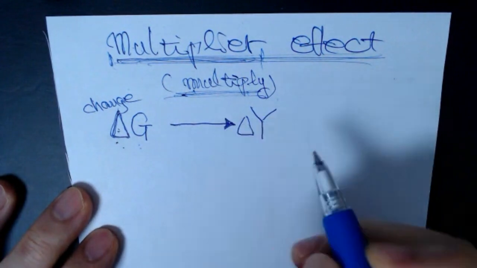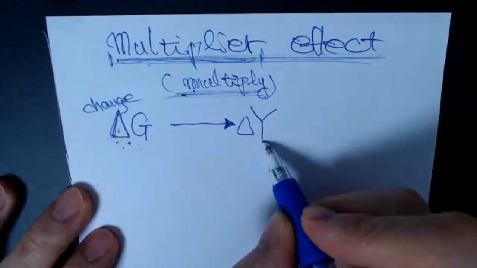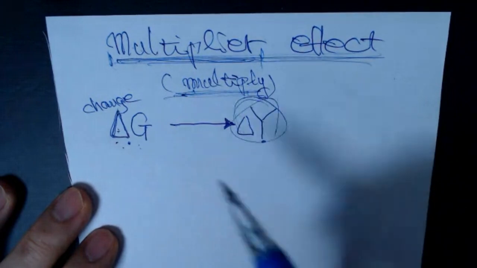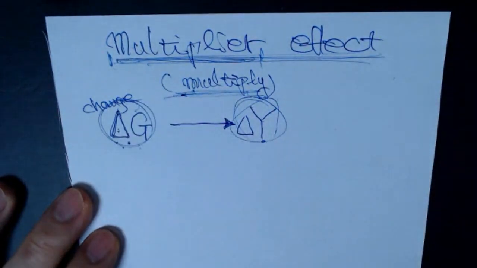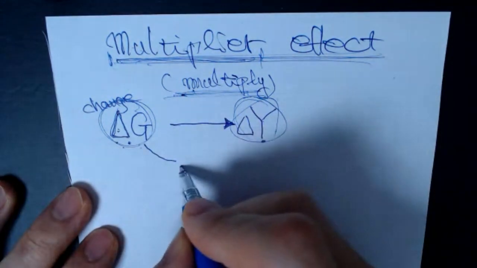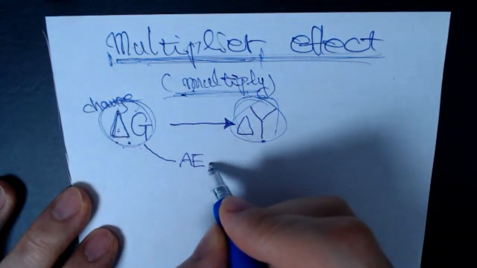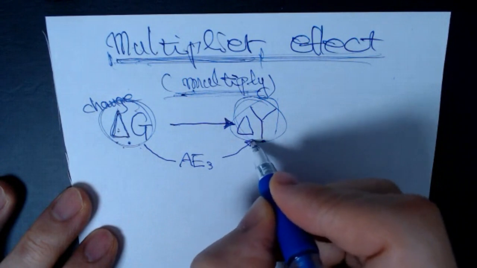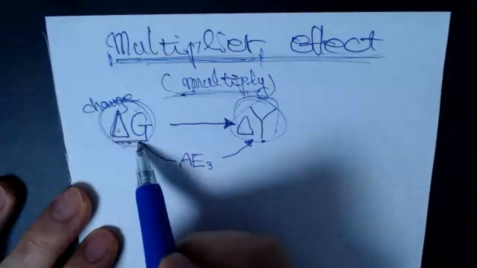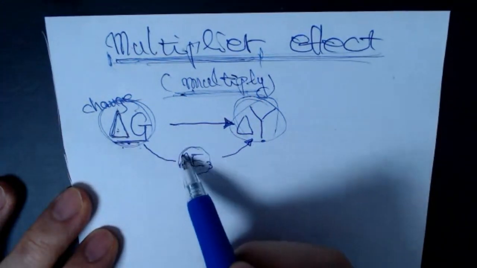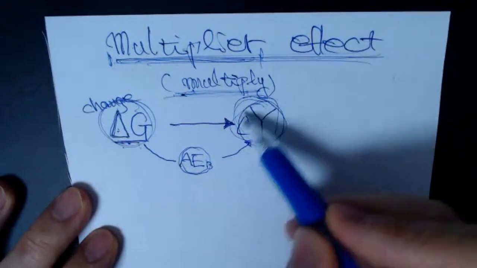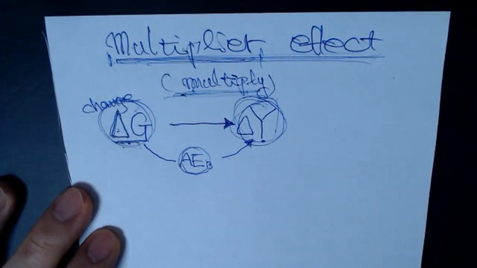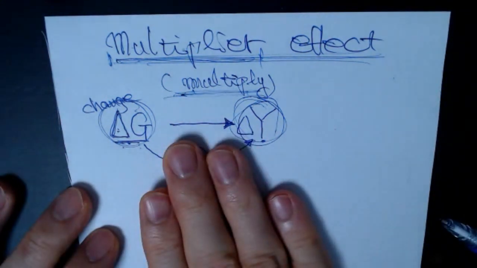So there is some relationship between national output and government spending. The process should look like this. When government expenditure increases, aggregate expenditure increases, and the equilibrium condition tells us that output must increase. But briefly, we just say that when government spending increases, national output increases.